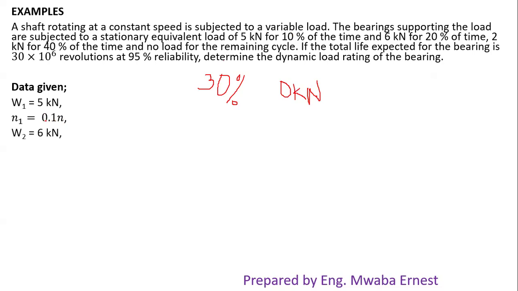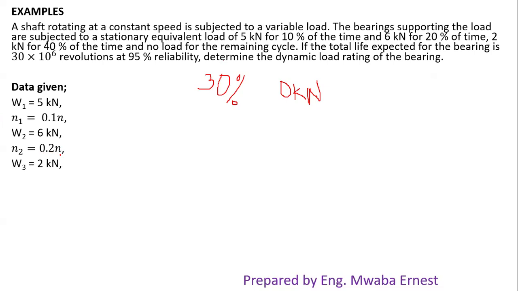W2 is 6 kilonewtons. I'm leaving them in kilonewtons, so no problems, because even the answer I'm going to find should also be in kilonewtons. For N2, I have 20% of the time, so 20 divided by 100 gives me 0.2 N. And W3 is 2 kilonewtons.